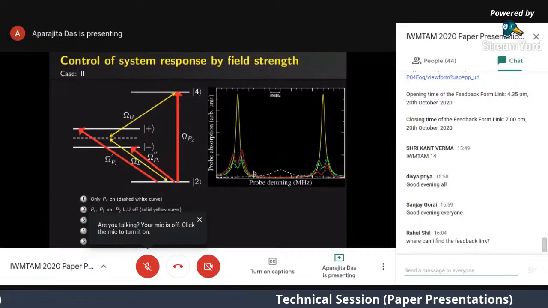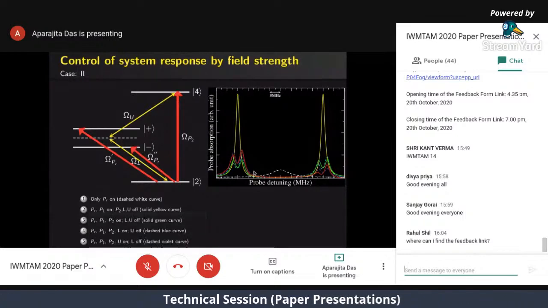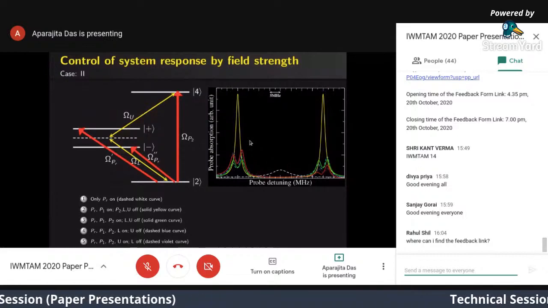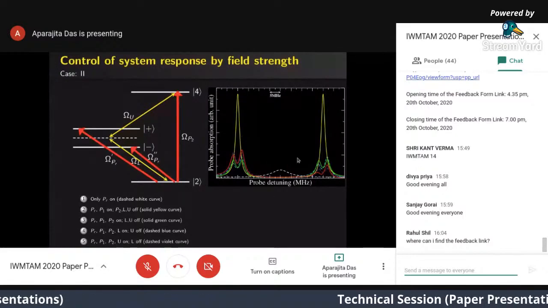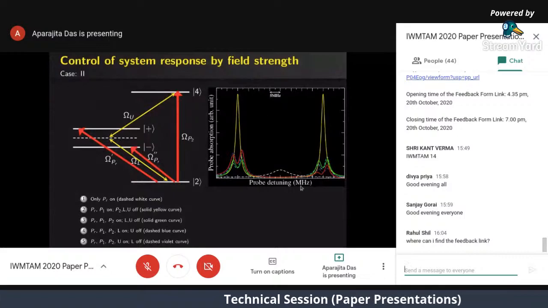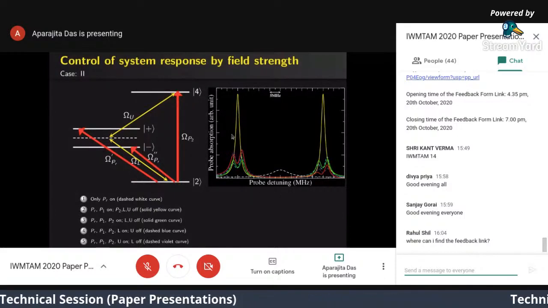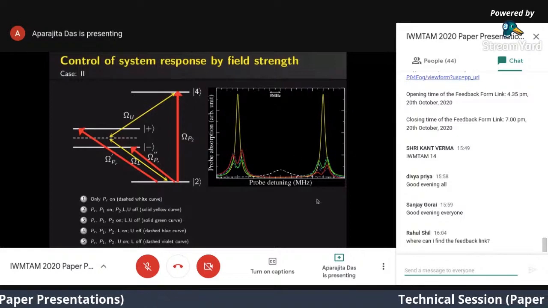For the second case, when the dressing field is the first pump P1, we obtain similar kind of absorption profiles, but the main difference is this yellow curve.